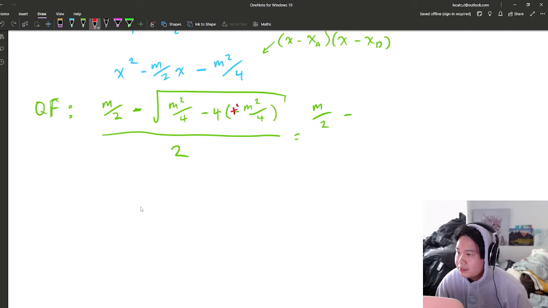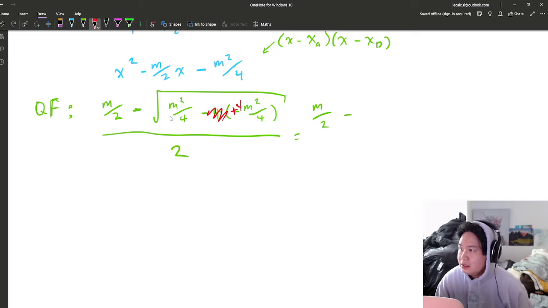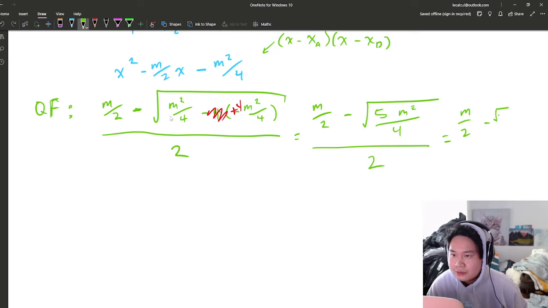So this is plus 4m, and then I'm not going to reduce it or cancel it with this 4, so that, because these are the same denominator, this is going to be 5m squared over 4 over 2, and then I can do m over 2 minus root 5 m over 2 over 2.